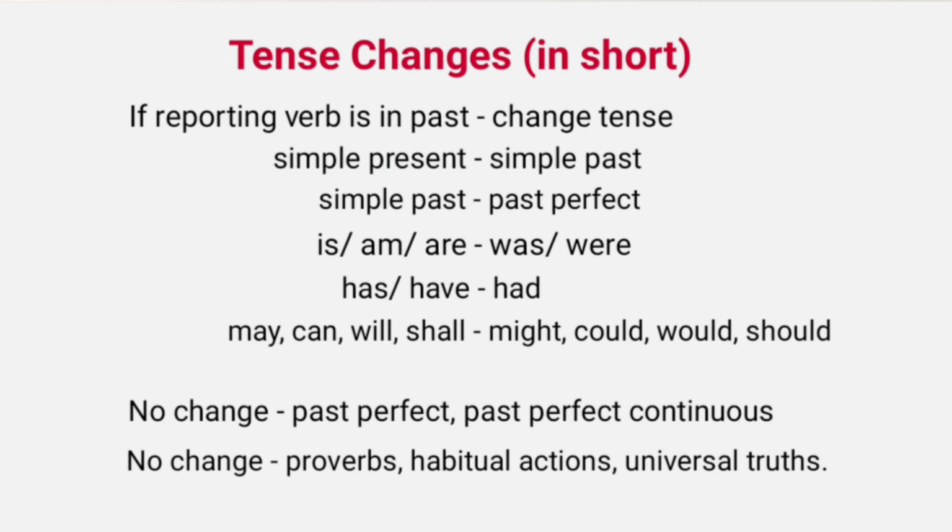Has or have into had. May into might. Can into could. Will, would and shall into should. There is no change for past perfect or past perfect continuous tense. Also, there is no change of tense in proverbs, habitual actions or universal truths.